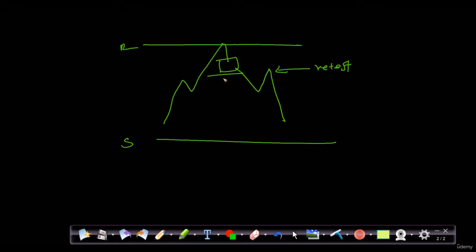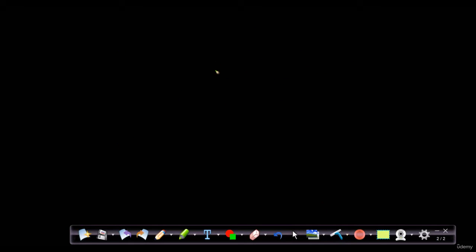The reason I am saying that is because when this happens, sellers from this side will move to this side. That means the market is not able to break the high and not able to move. So it's a confirmation. That's why I am telling you to put the stop loss here and enter here, to understand the candlestick pattern in more detail.